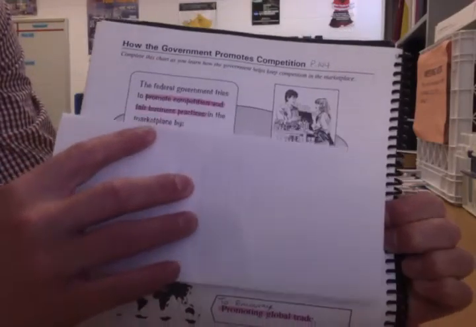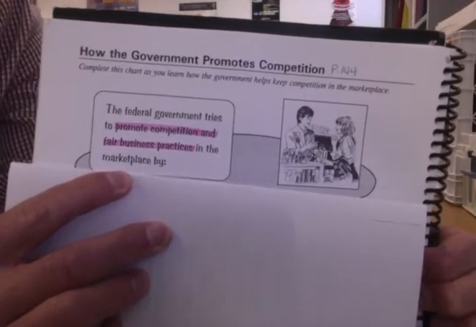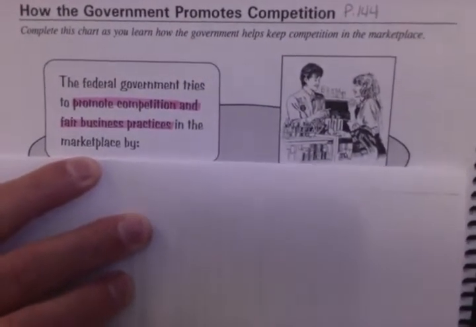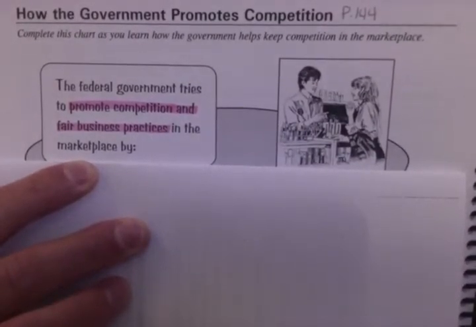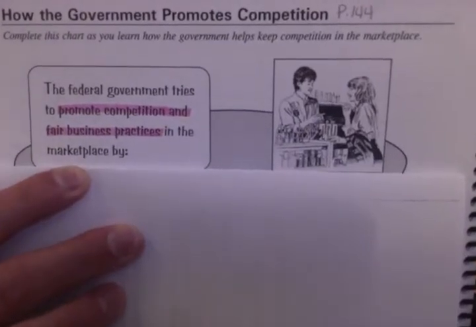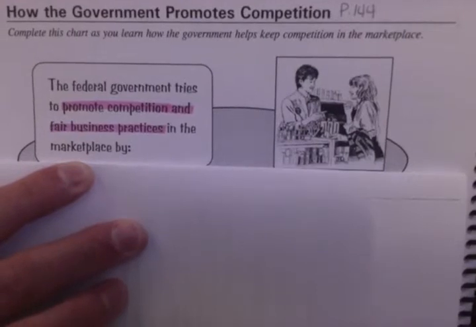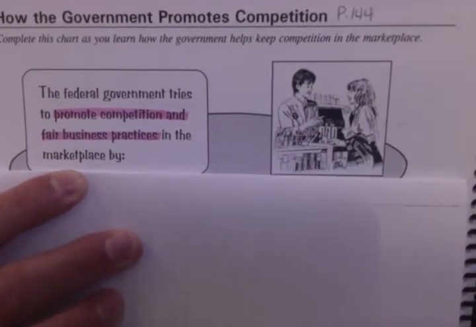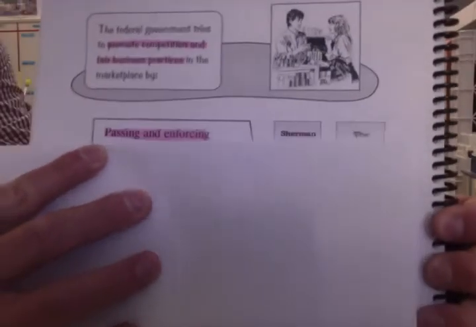So, moving on. The government helps promote competition for businesses, right? If you remember from 6th grade, okay, we had those monopolies. The monopolies such as Carnegie Steel and Standard Oil, run by John D. Rockefeller. Okay, and the government needed a way to break them up. And if you remember, Teddy Roosevelt, our president, he became what was known as the Trust Buster, and he broke up monopolies.